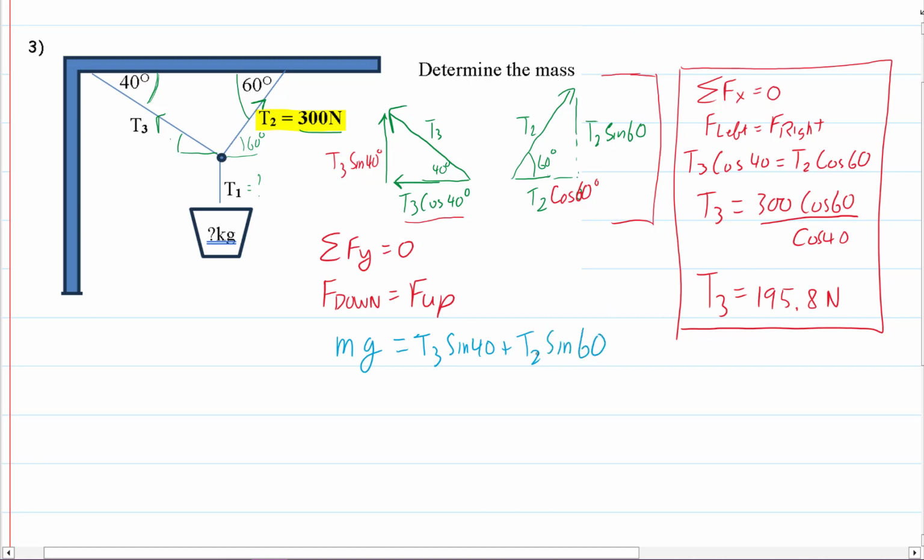We know all these numbers except for m. So m times 9.8 is going to equal T3, which is 195.8, multiplied by sine 40, plus T2, which is 300 sine 60.